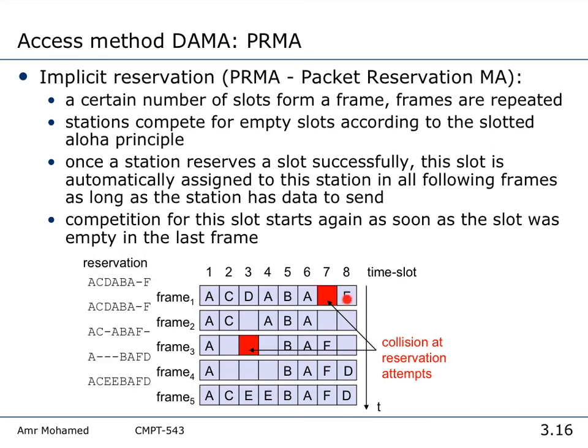So at the end of every frame, the access point has to tell everyone if this time slot is booked, reserved for any node, or it's available. Then the nodes will know if it's booked for a certain node, it should never send on this time slot. It only contends on the time slots that are available.